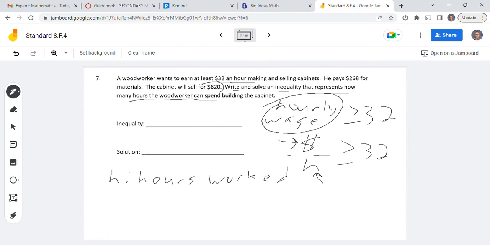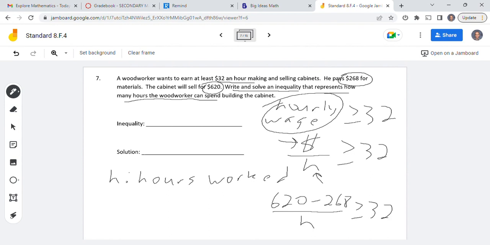It says the cabinet sells for $620 and he paid $268 for materials. So we sold $620, but we didn't make that much money. We have to take out the cost of materials, so minus $268. We'll divide that by h and we have greater than or equal to 32.